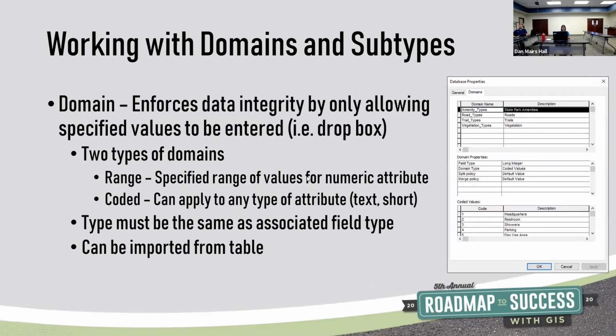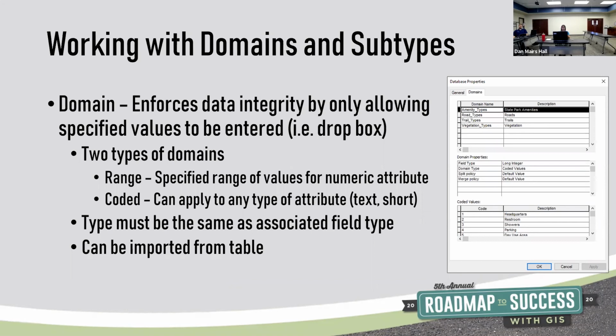What a domain does, if you haven't used one before, is it enforces data integrity by creating what's called a dropdown, so you can't select anything else. There are two different types of domains. There's a range, so you could decide a value between a number system, so they could go between 10 and 20 and that's all they can select.